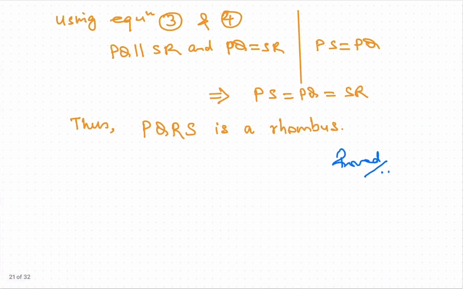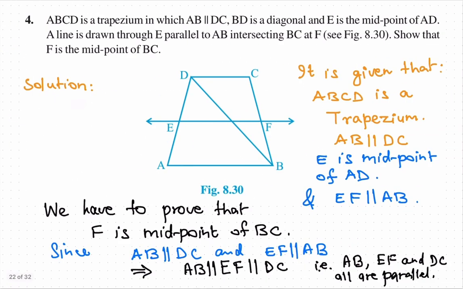Therefore, we proved that PQRS is a rhombus. So this was the problem. Now question number 4.